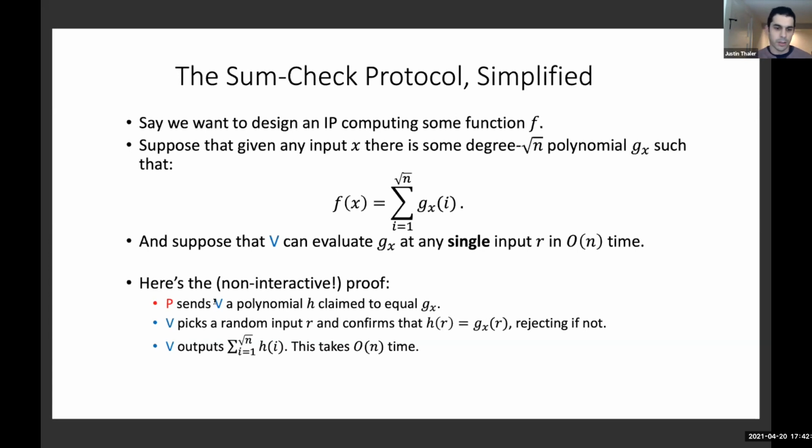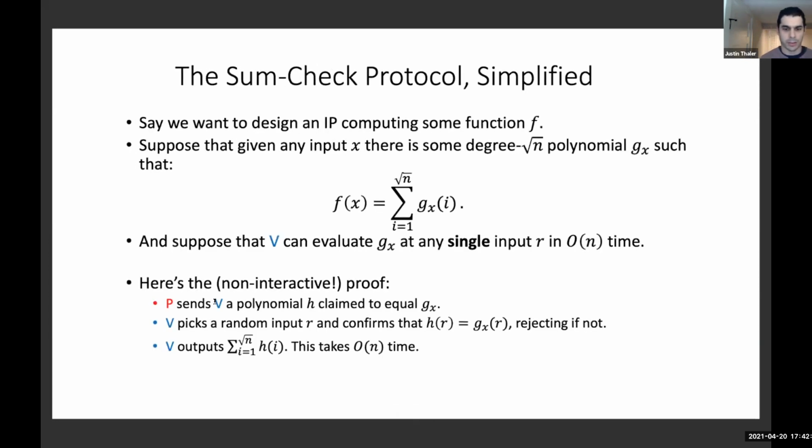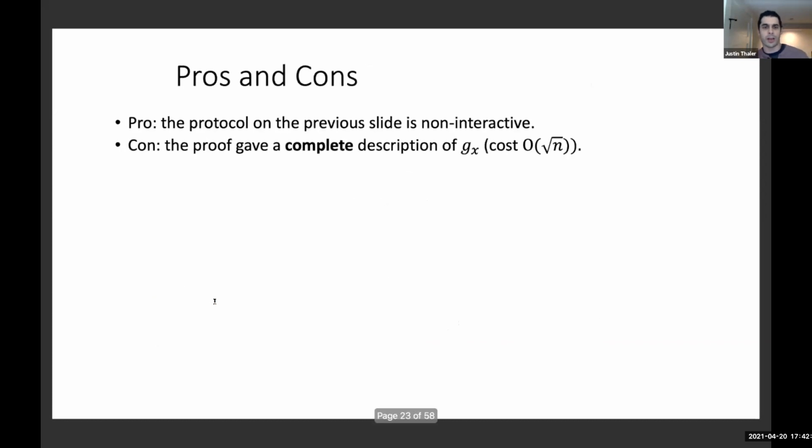That's it. It seems so simple, but some theorists in the audience might recognize that this is exactly what Aaronson and Wigderson used to resolve the Merlin-Arthur communication complexity of disjointness. It's been used to give doubly efficient protocols for problems like counting triangles and so forth. So it has pros and cons.